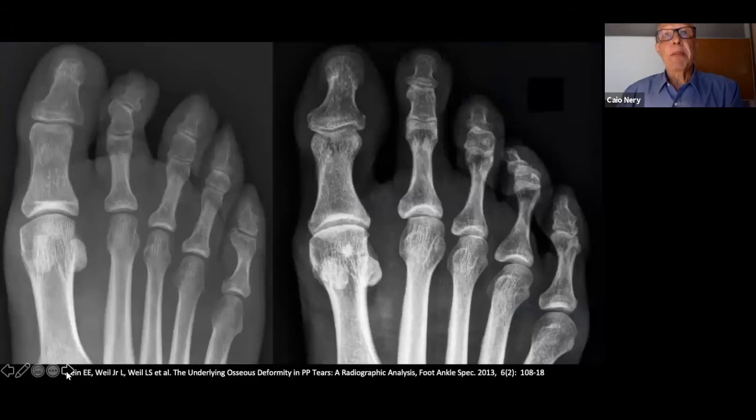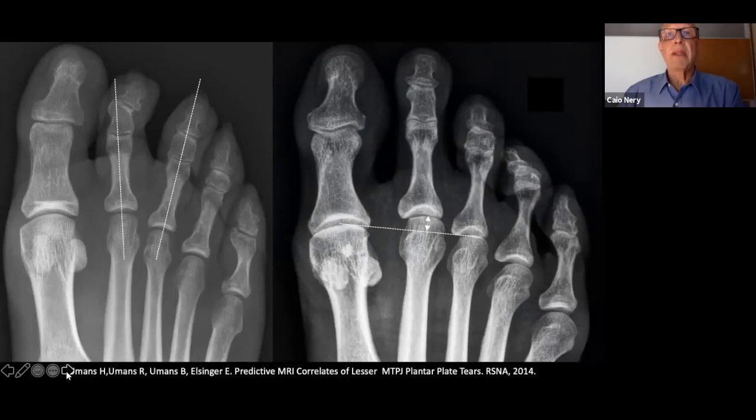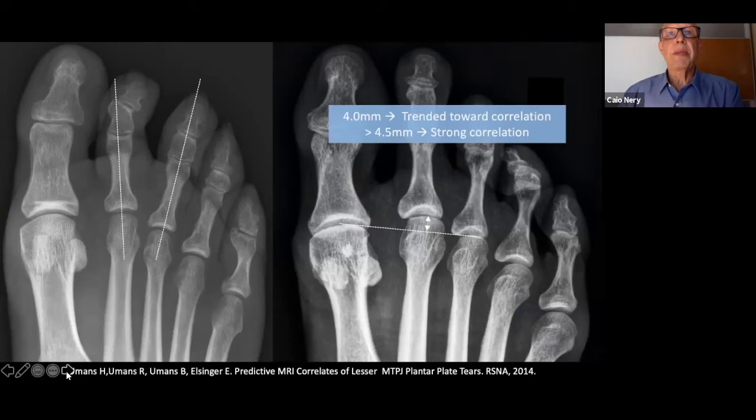The splaying of the second and third toes and the protrusion of the second metatarsal head in standing plain radiographs have been correlated with plantar plate tears. Humans and colleagues established a strong correlation between 4.5 millimeters of metatarsal head protrusion and the onset of plantar plate lesions.